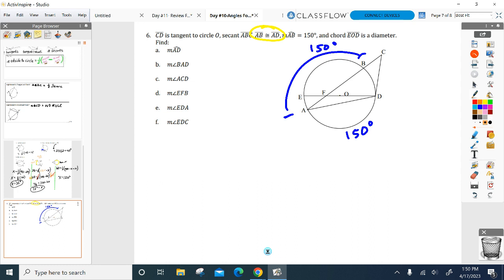Diameters form semicircles, 180 degrees, so arc EA needs 30 more degrees to get to 180. Now I can find EB. Arc EB is 120. They have to add up to 150, right? BD? 60. Why? It forms a semicircle.